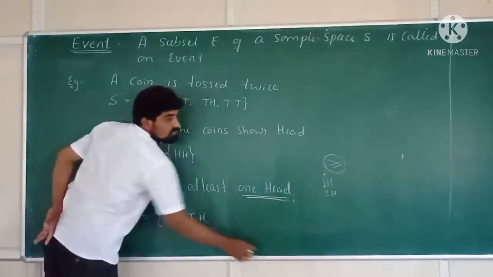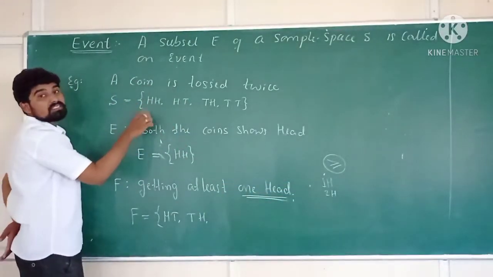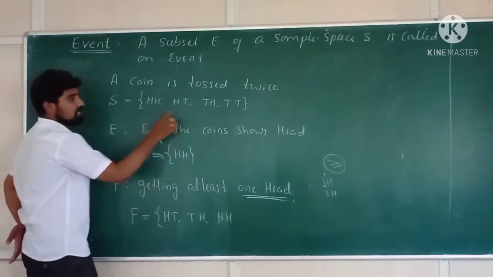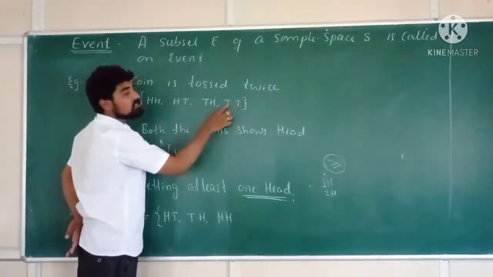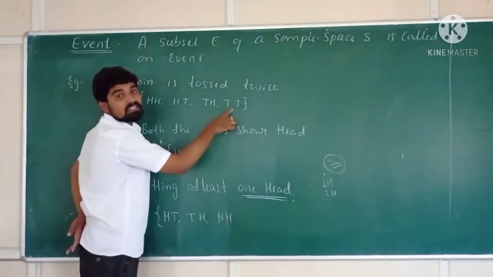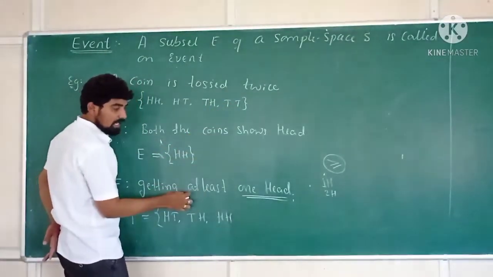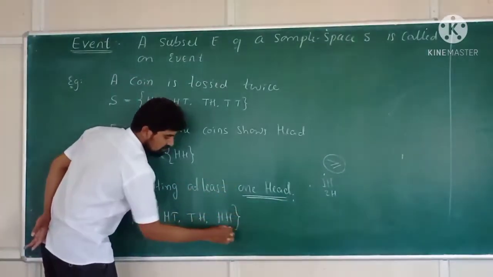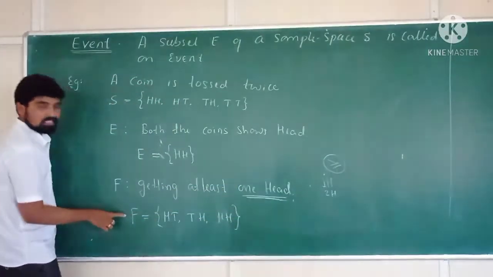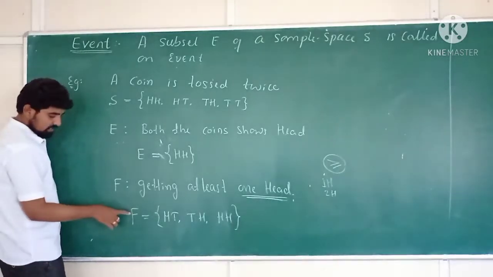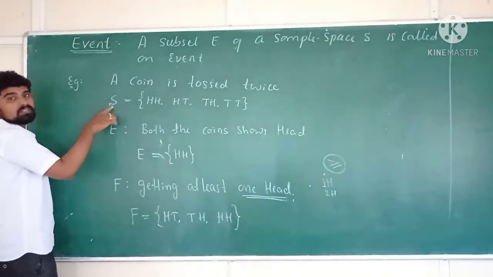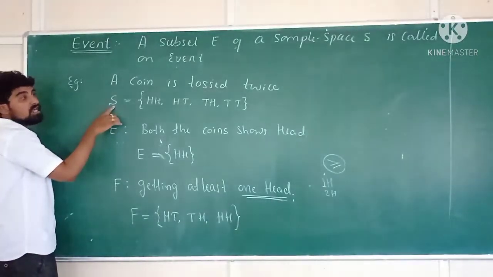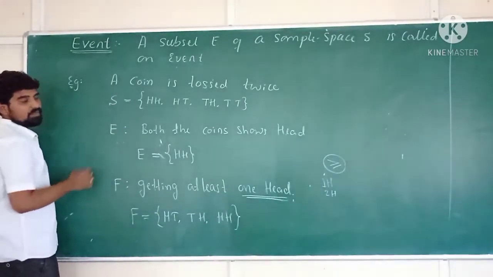And the second possibility is the outcome consists of two heads, that is only one, H and H. TT is not possible. Why? Because in this outcome the number of heads is equal to 0. But we need at least one head, in the sense one head or two heads. Therefore, these are the only possible outcomes present in the event F. And this F is also a subset of this sample space. Hence, this F is called an event of this sample space. I hope all of you understood.